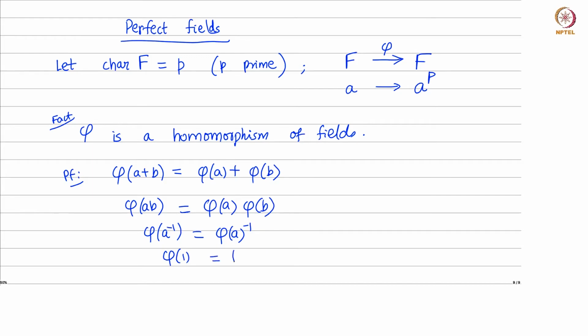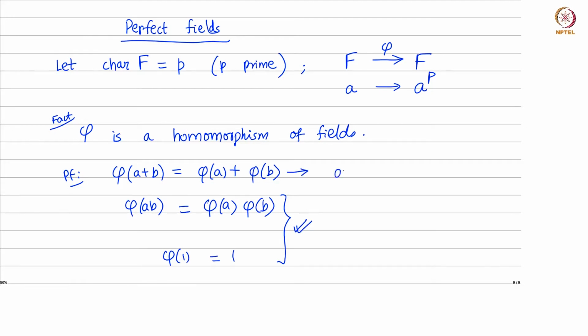Now, I guess inverses to inverses is not necessary if you have checked that it maps 1 to 1. So let's just erase this. So we just need to check that phi satisfies these properties. Now, really these two properties are more or less obvious from the definition. It sends AB to AB whole power P, which is A power P, B power P. So these two are more or less obvious. The only thing one needs to check really is this property.